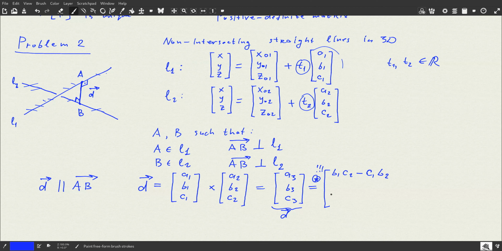So it is the other way around: c1 a2 minus a1 c2. And the final one is, of course, the first determinant, a1 b2 minus b1 a2.